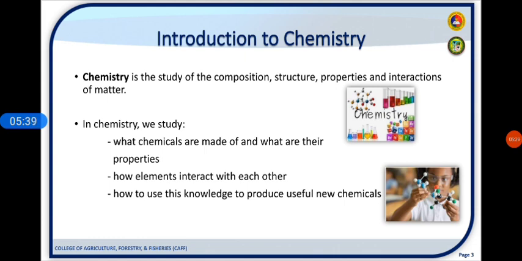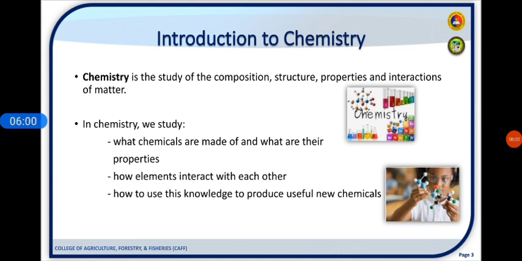Now, you are studying enhancement chemistry this semester, right? Then some BS Forestry students are also taking organic chemistry together with enhancement chemistry. And the second year students, which are the agriculture students right now, they are taking general biochemistry.